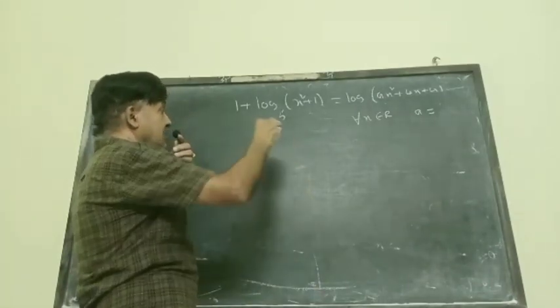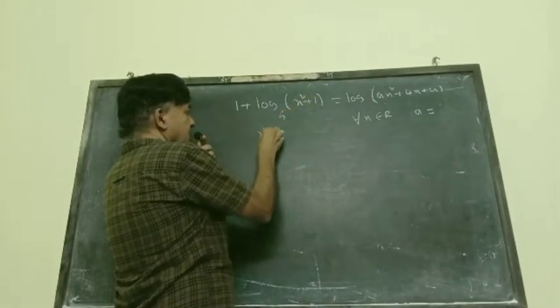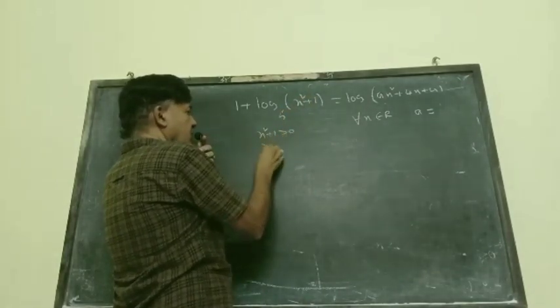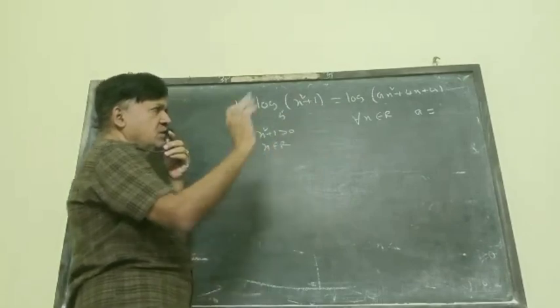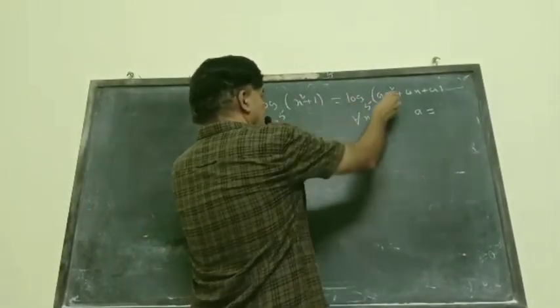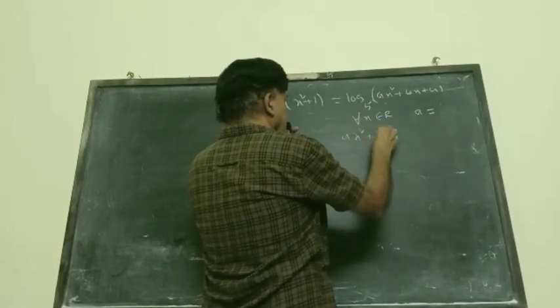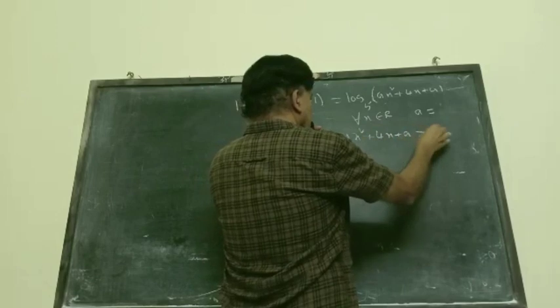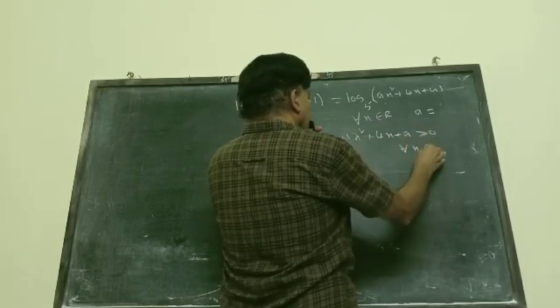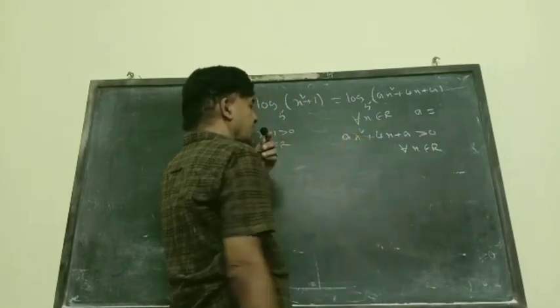So listen, when you talk about the domain of this, x square plus 1 is greater than 0 for all x belonging to R, no problem. Here the base is of course 5. Here ax square plus 4x plus a also must be greater than 0 for all x belonging to R, then only the log will exist.